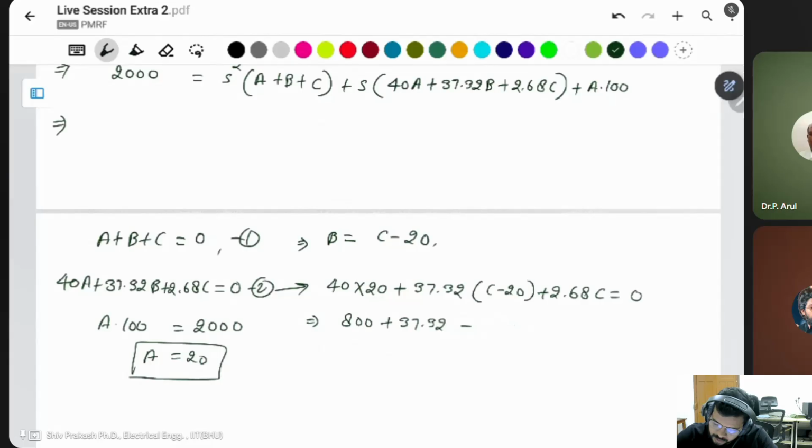746.4. Okay, plus 2.68c is equal to 0. If you add these two, then this will be 40c is equal to 800 minus this thing, this will be 53.6, and c by 40 is 1.34.